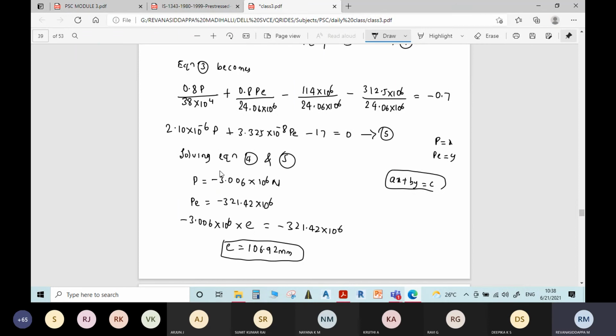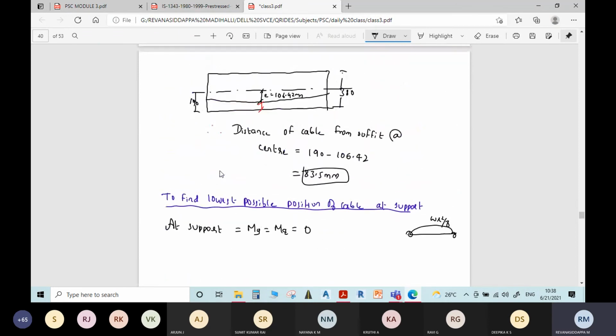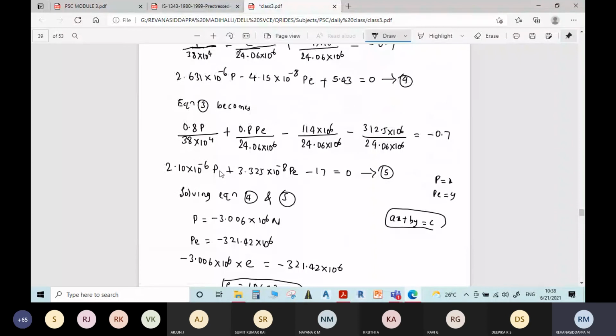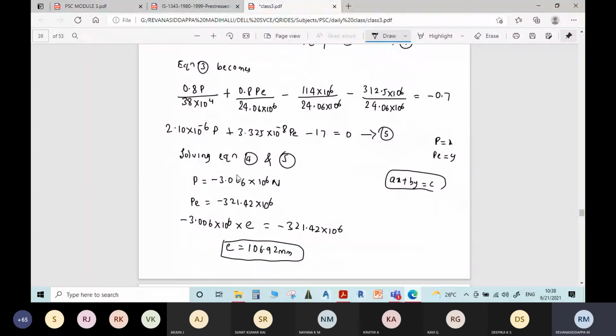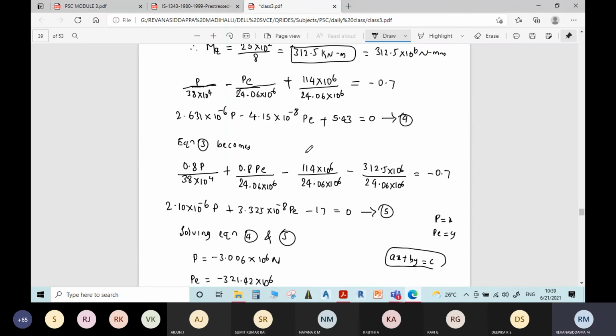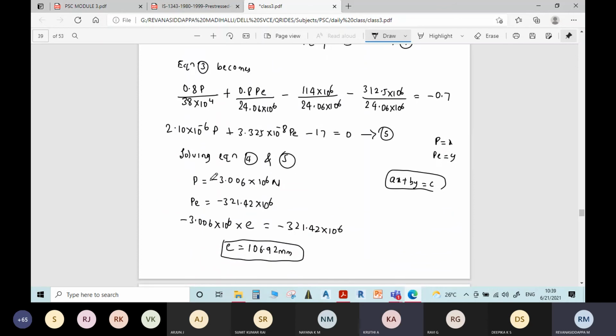Because in the next step, if you consider the negative sign, we may arrive at a wrong answer. You will get a positive sign right here. Solving equation 4 and 5, here you need to give plus 17 and here you need to give minus 5.43. Yes, sir, will get positive, sir. Yes, positive. Please change it to positive sign.